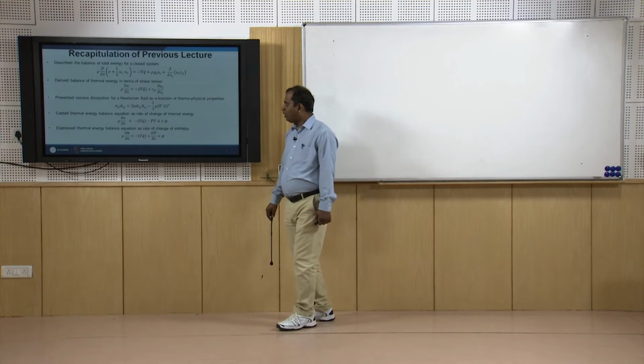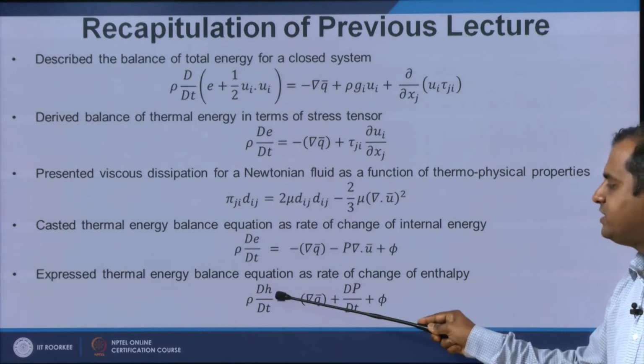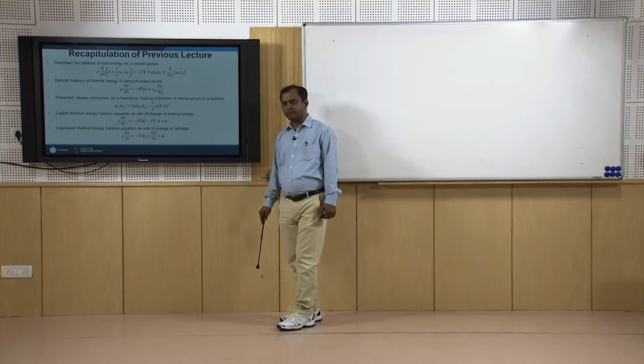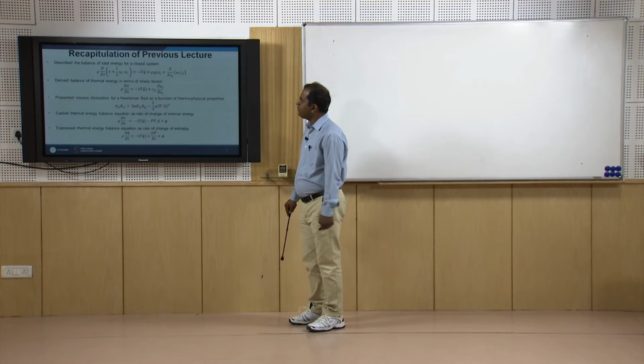Also, we recast this equation once again and expressed the thermal energy balance equation in the form of enthalpy. Here you see H is the enthalpy. Some changes in the right hand side occurred due to the change of E to H. We did that using the relationship between E and H in the previous lecture. So, from this point we will continue in this lecture.